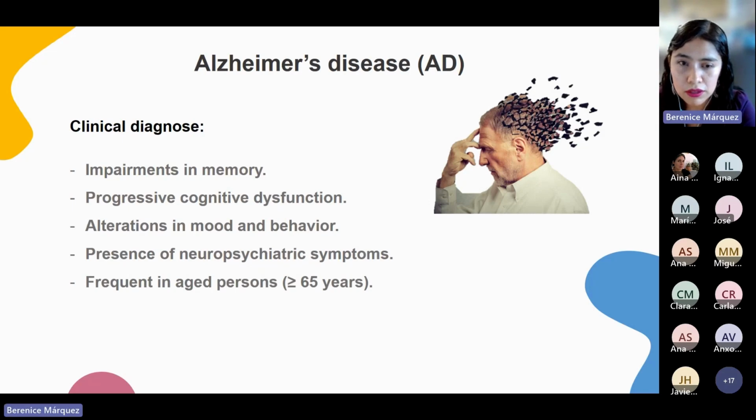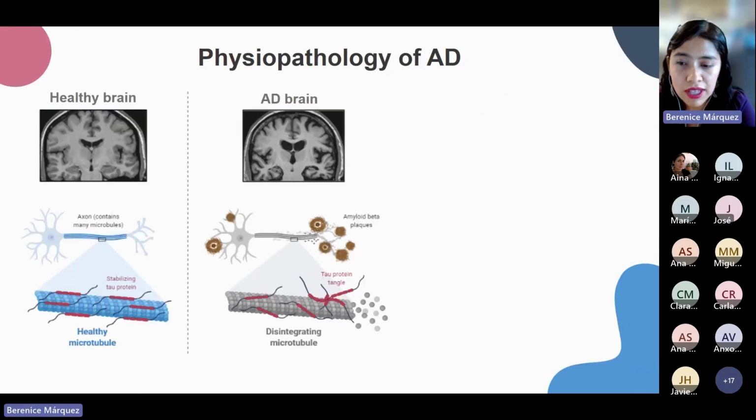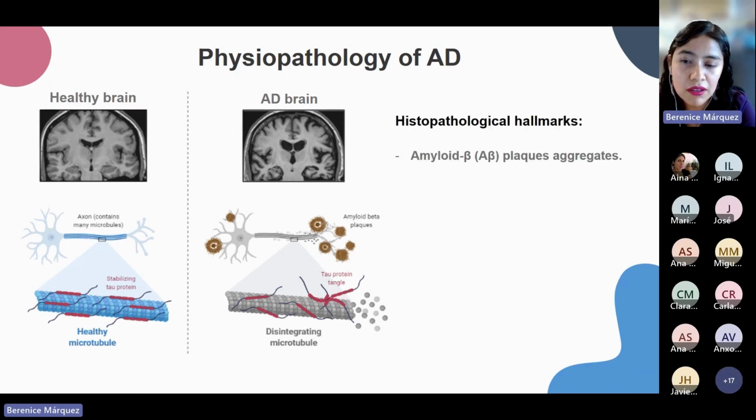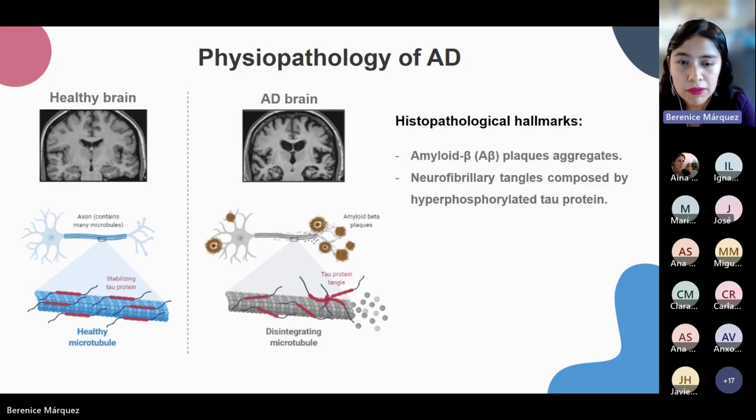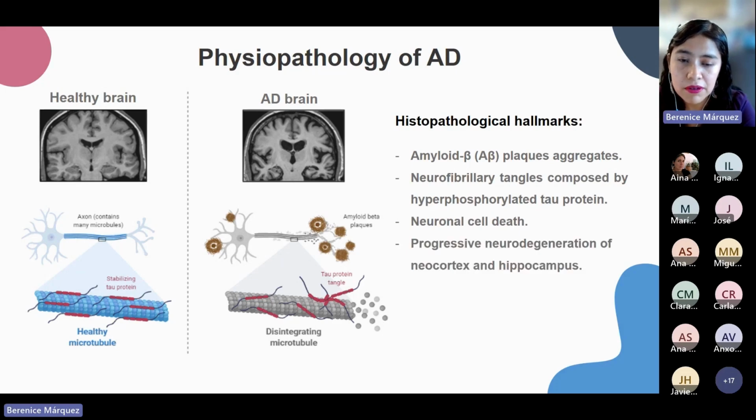The clinical course reflects the underlying histopathological hallmarks such as amyloid beta plaques, neurofibrillary tangles composed by the hyperphosphorylated tau protein, neuronal cell death, and progressive neurodegeneration of neocortex and hippocampus.